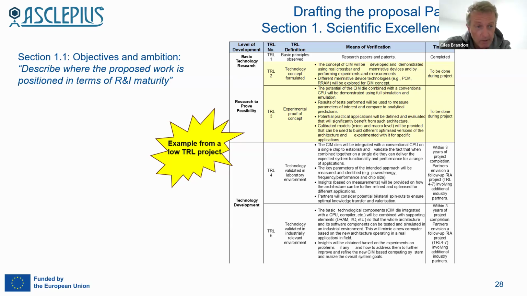This table you see on the right is the way you can go about addressing this requirement for the standard application form. This was the table, in fact, that I had for that Nemosina proposal about computation in memory.